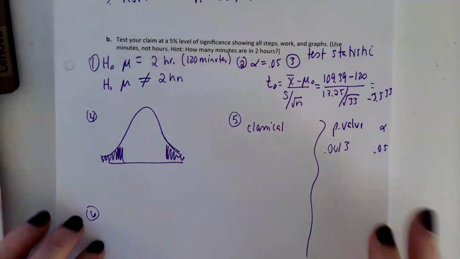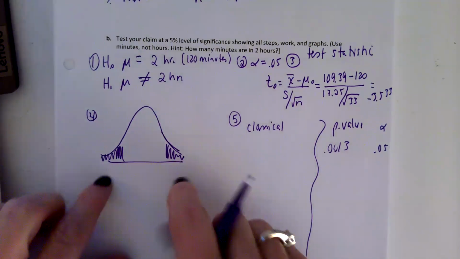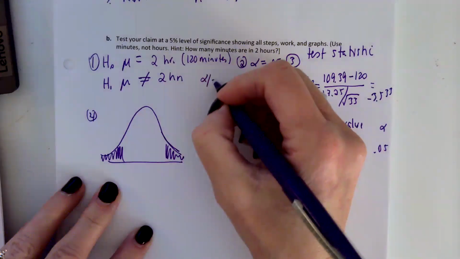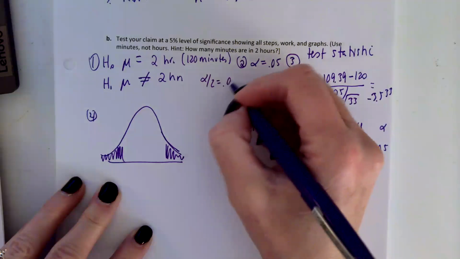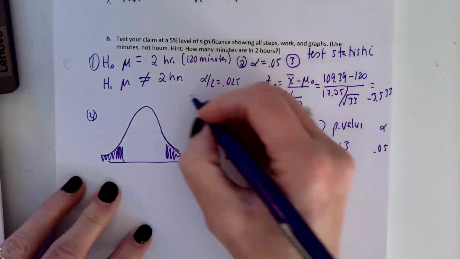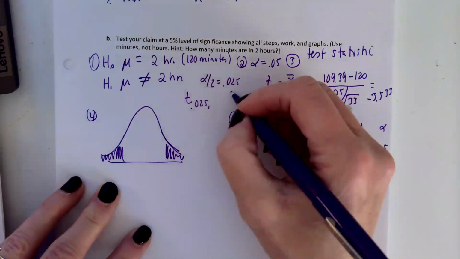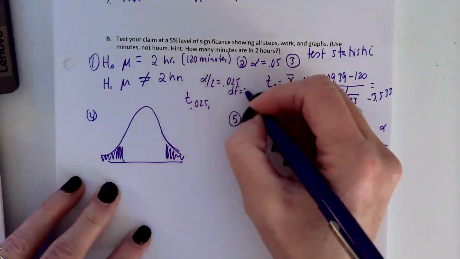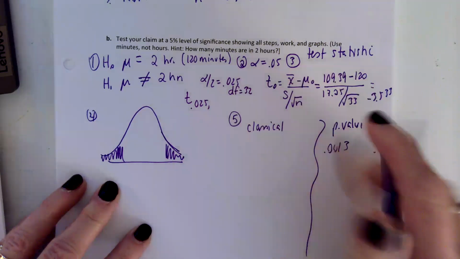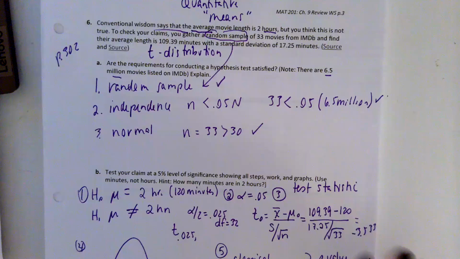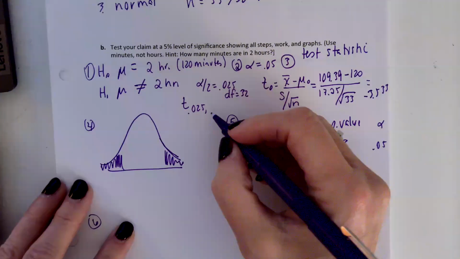And we have to do alpha divided by 2 because it's a two-tailed test. So that means alpha divided by 2 is 0.025. So T of 0.025, comma, my degrees of freedom are 32 because my sample size is 33 and our degrees of freedom is n minus 1.